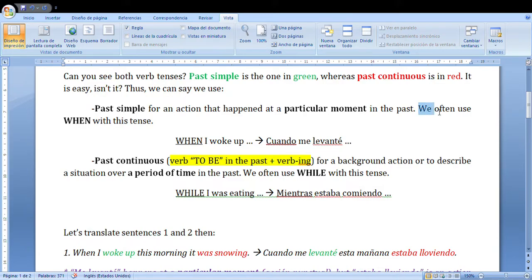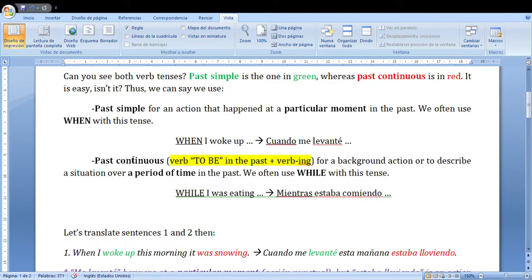We often use the word when with the past simple. When I woke up, in Spanish that would be cuando me levanté. So always after when, we're going to use the past simple. Woke up in this case.